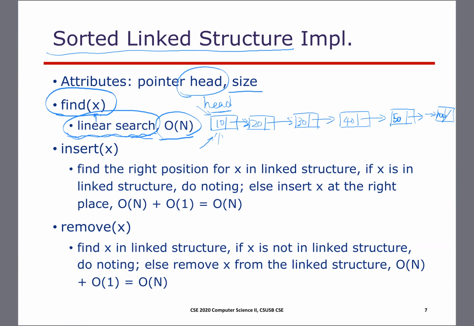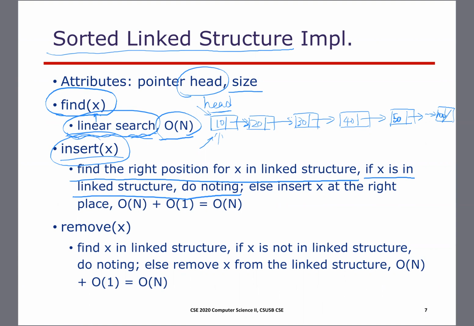And then insert element X in the linked structure. After we insert X, this linked structure should still be sorted. So we need to find the right position for X in the linked structure and then insert X. If X is already in the linked structure, we do nothing. We don't insert duplicates.